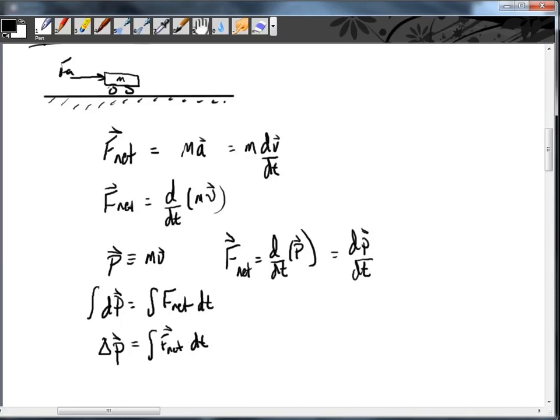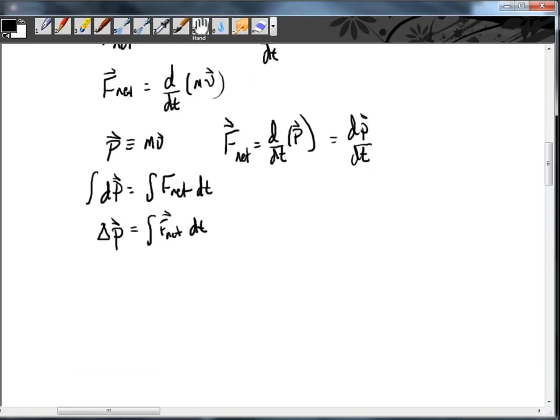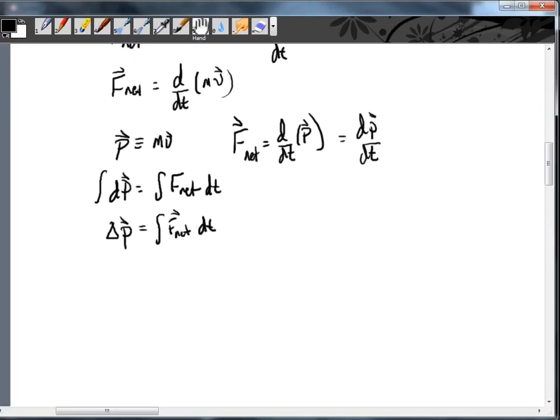Okay, this is the cool thing. This becomes our change in momentum. So if we experience a force over a period of time, this results in a change in our momentum, and we call this our impulse.